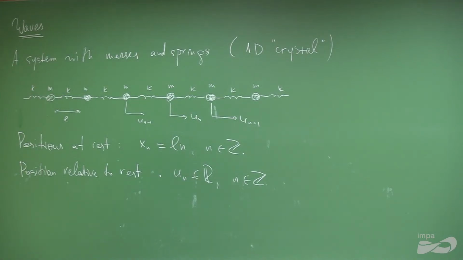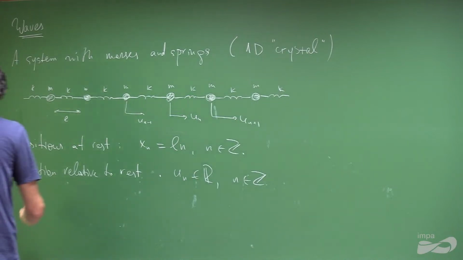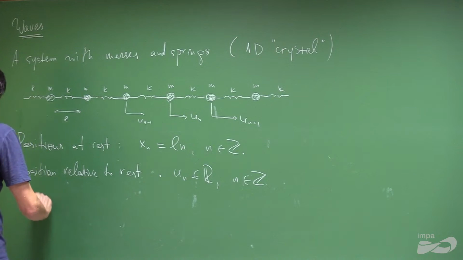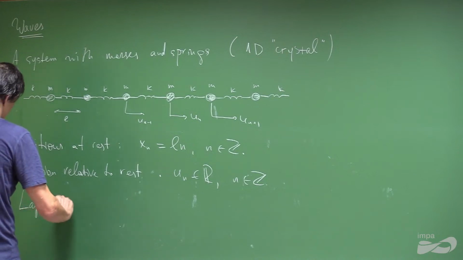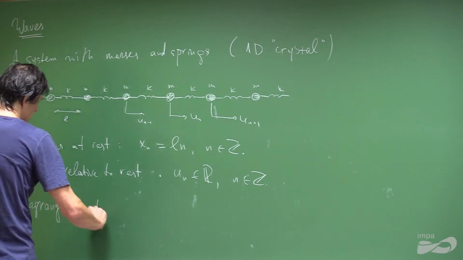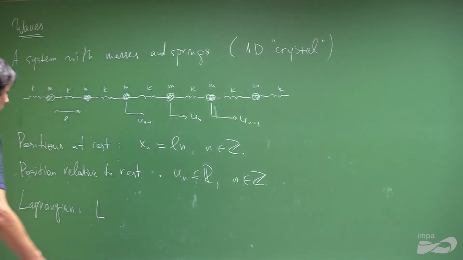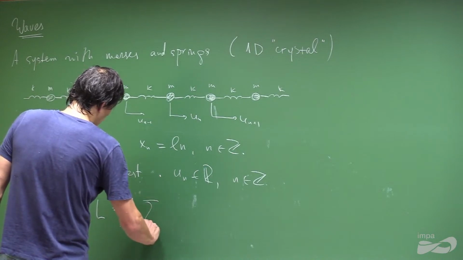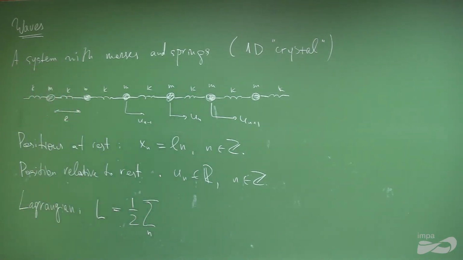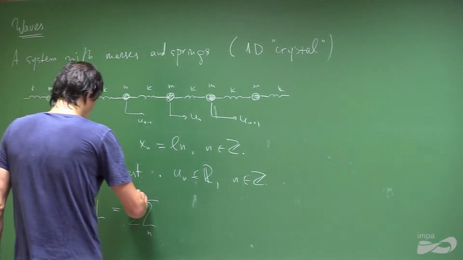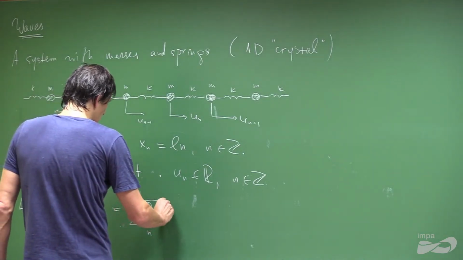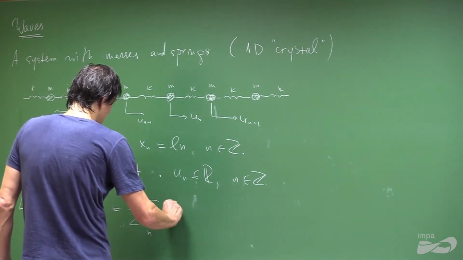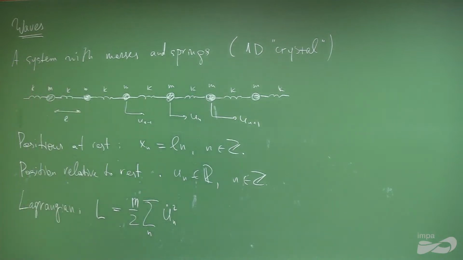And then we can write equations of motion. So we write the Lagrangian function. The Lagrangian function is kinetic energy, so 1/2 sum over all masses, we can put m outside, and then velocity squared. So this is kinetic energy, and then minus potential energy.